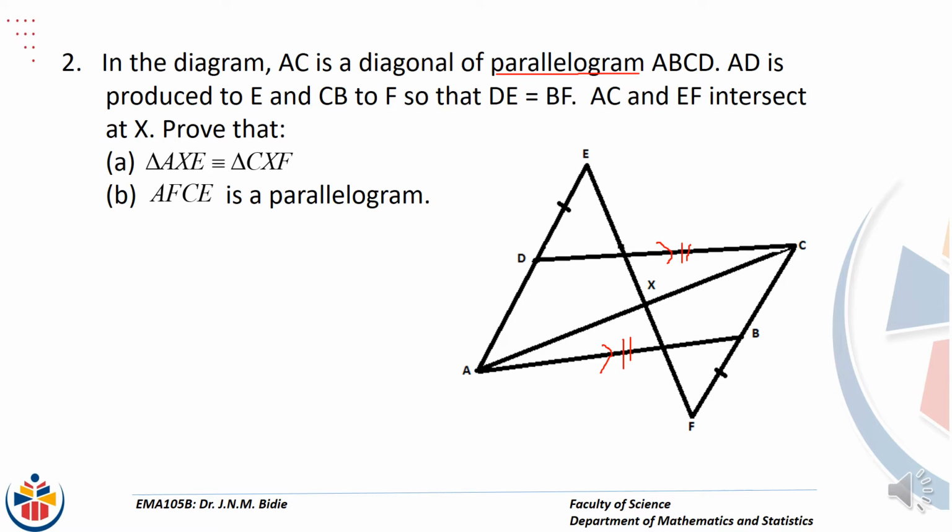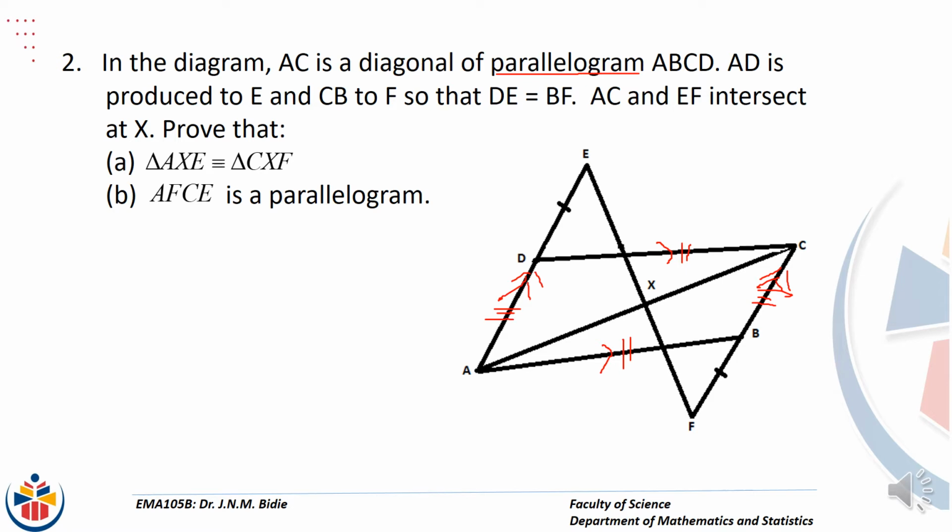So that means those sides that I've indicated, they are parallel and equal. That's the first thing, so that I know what I have and I know what I need to establish during the calculations.